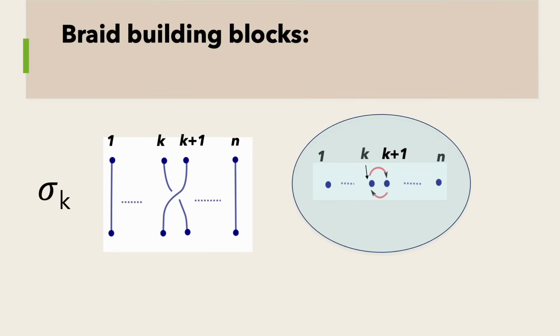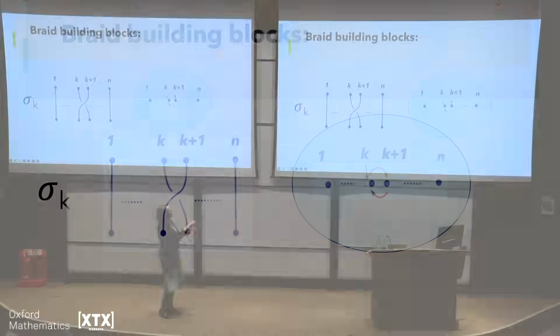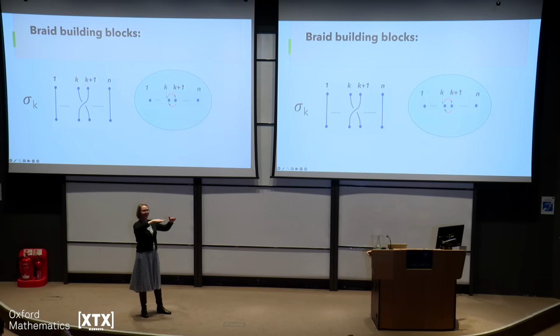Okay, so let's think about what this means in that context. On the left here, I have the geometric braid that we called sigma k. And if you think about the movie version of that, what happens as you watch the film of these points as you move down?